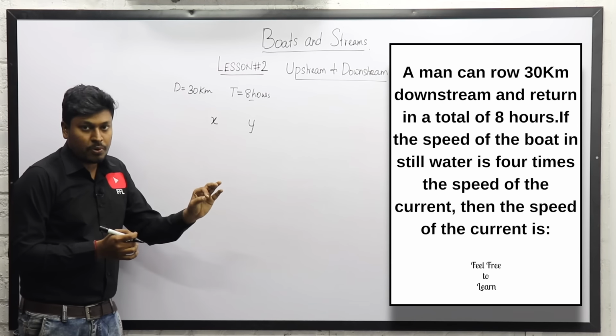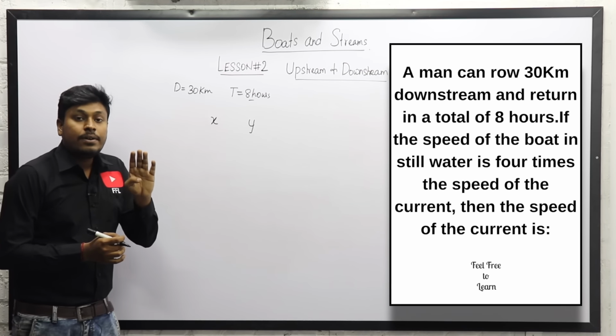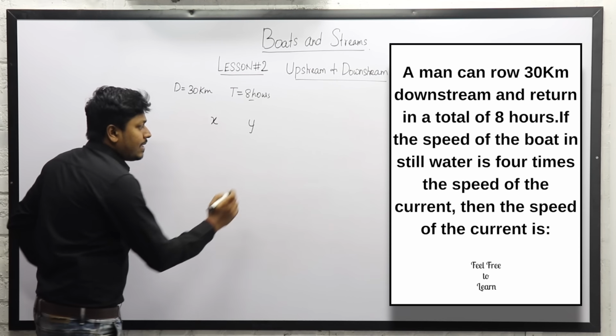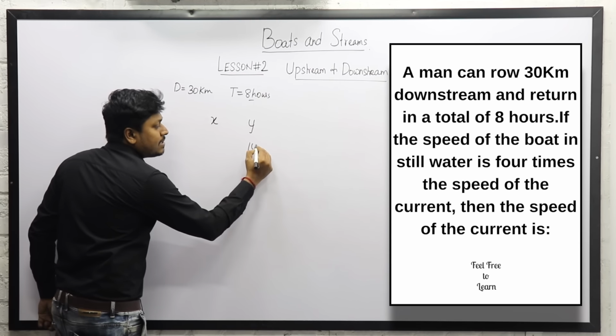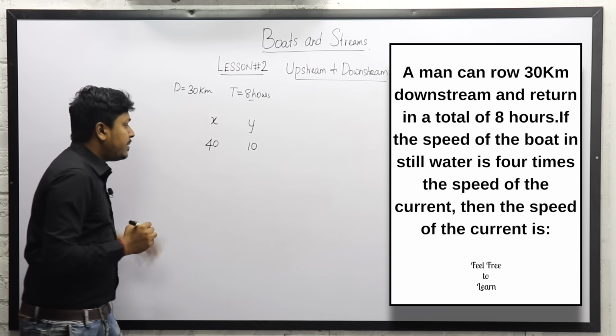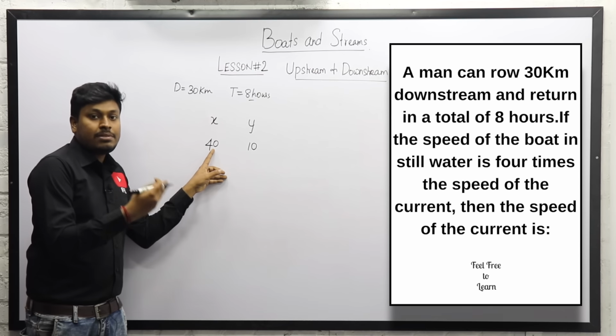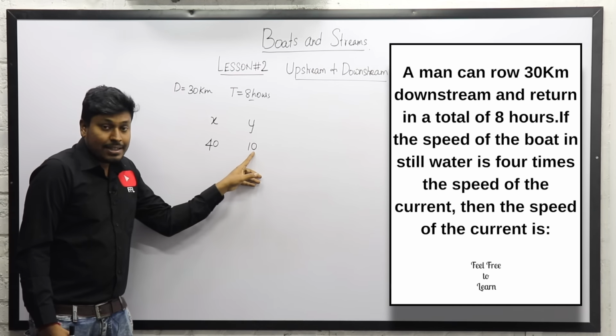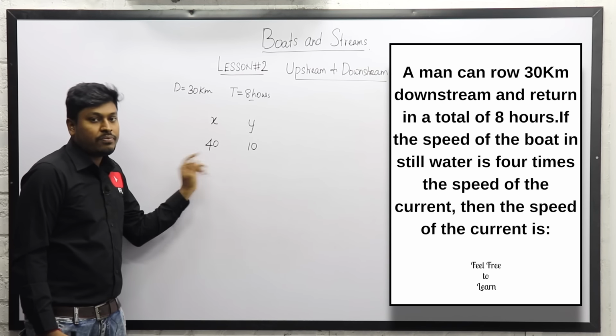The speed of the boat in still water is 4 times the speed of the stream. For example, if the speed of the stream is 10, the speed of the boat will be 40. Got it? If stream speed is 10, then 4 times, the boat speed is 40.